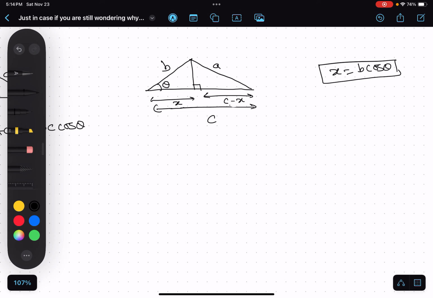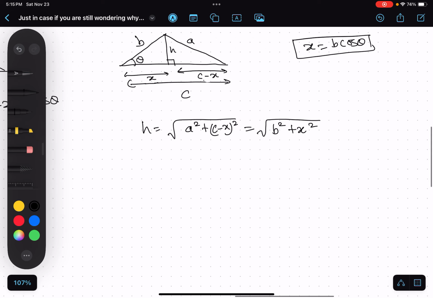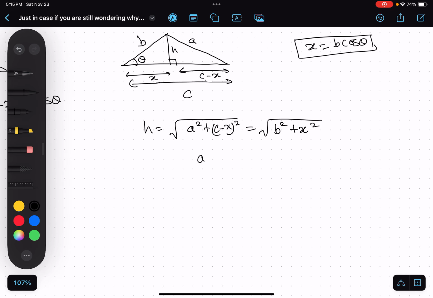We will use this fact later on, and for now we know that I can find this in two ways, right? Either by doing the square root of a square plus c minus x square, or another idea is just the square root of b square plus x square, right? So now if I square both sides, this will be a square plus c minus x square is just b square plus x square, right?